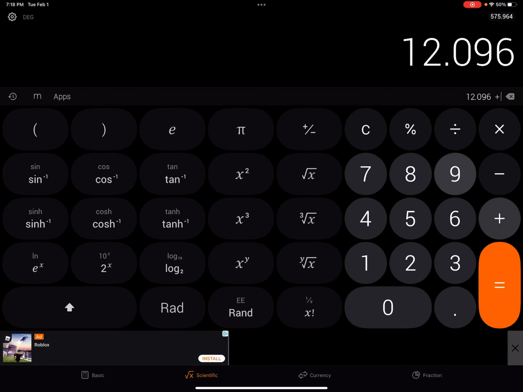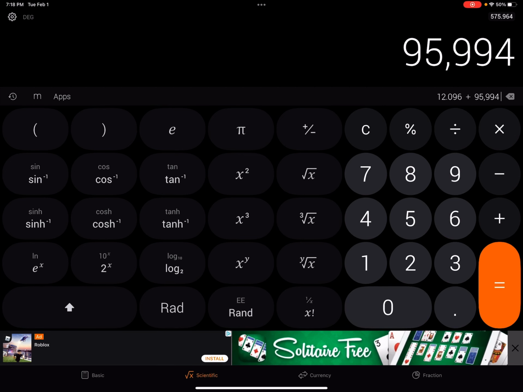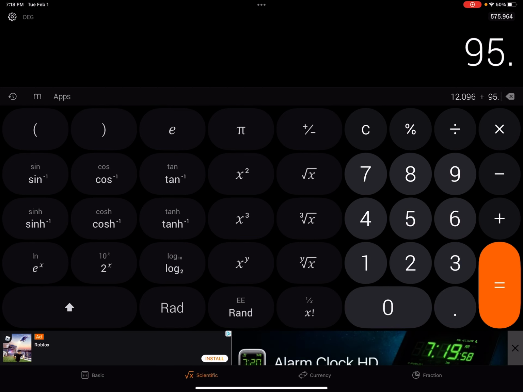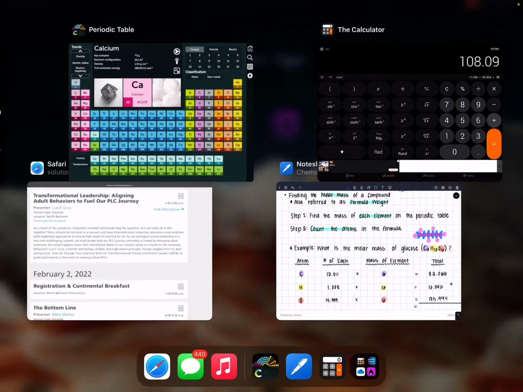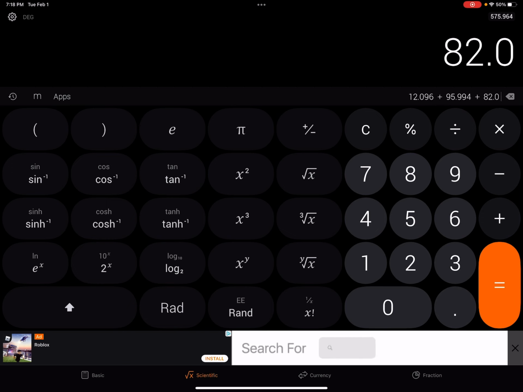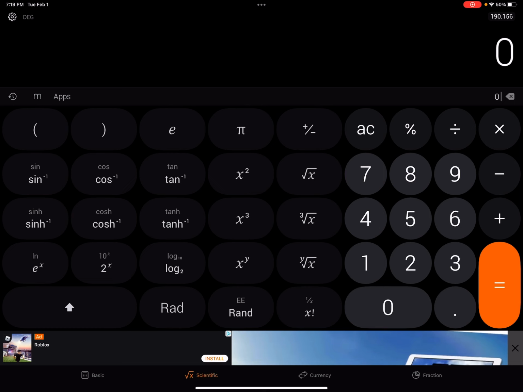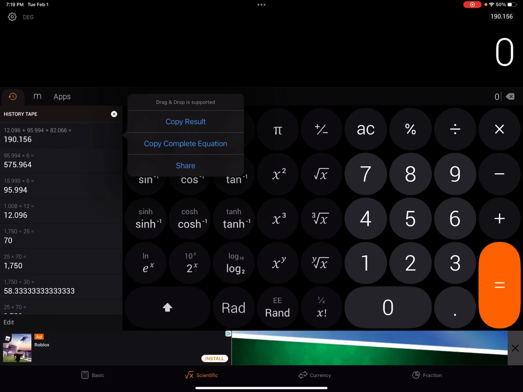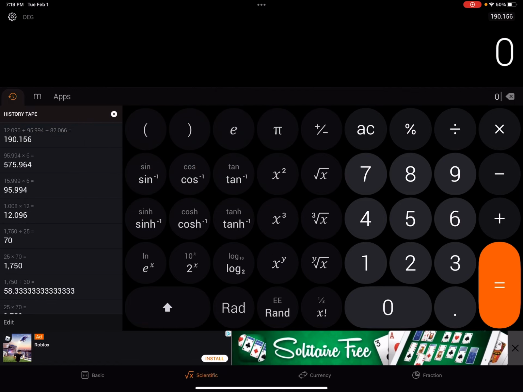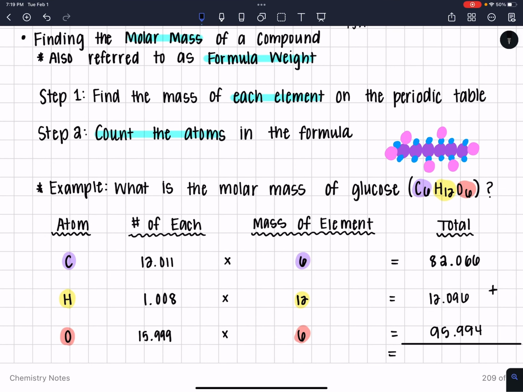Plus 95.994. And the last one, 72.066. Okay, so when I do that, I get 180.156 grams per mole. Okay, I'm going to try and fit that in the bottom right here.